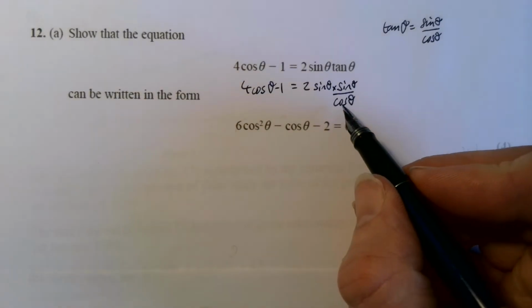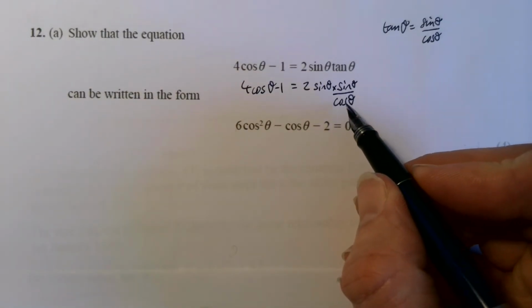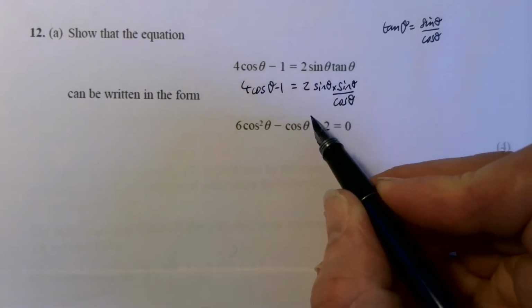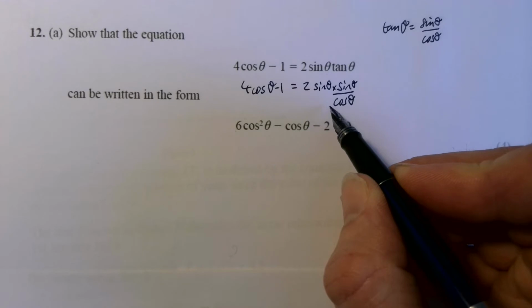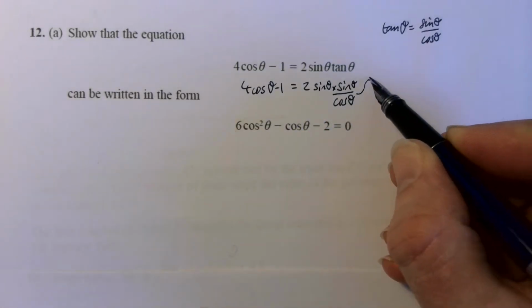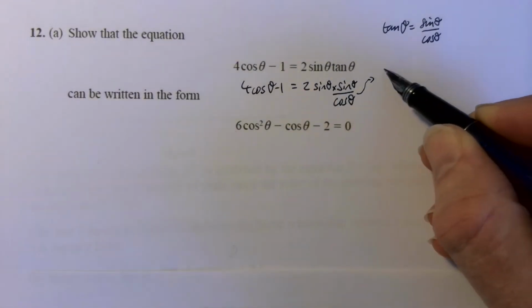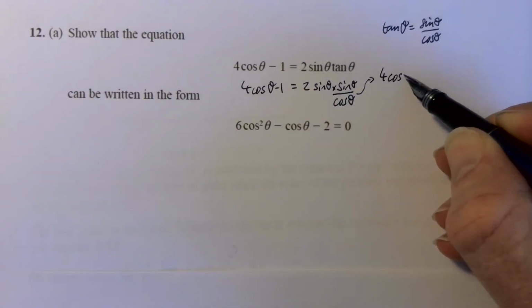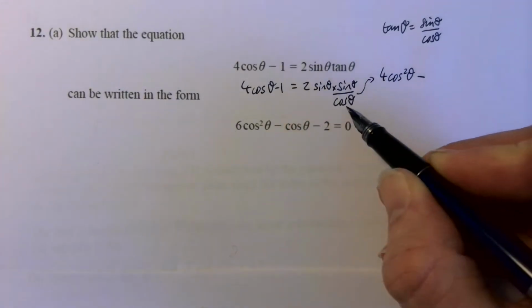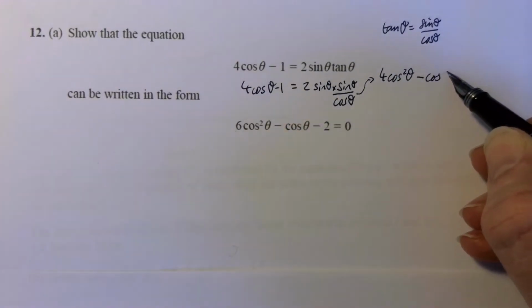And then what I'm going to do next is get rid of the cos being on the bottom. So if I multiply both sides by cos theta, I'm going to swing over this way. That's going to give me 4 cos squared theta. And then I also need to times the 1 by cos theta as well to give me cos theta.